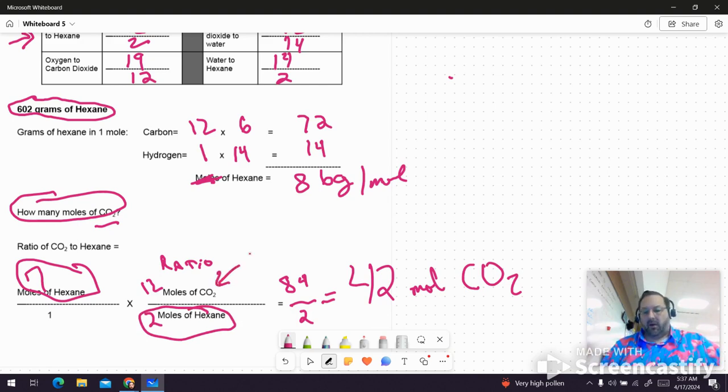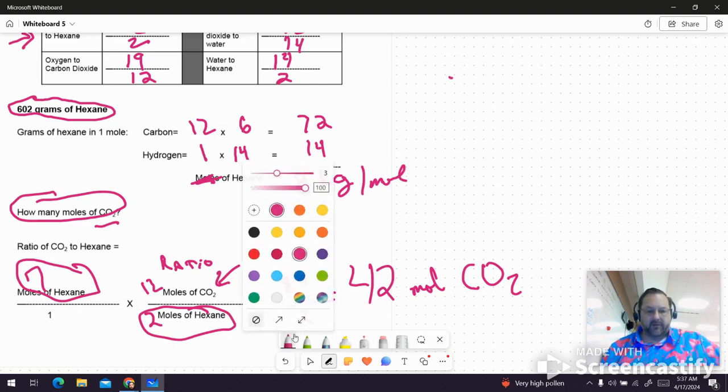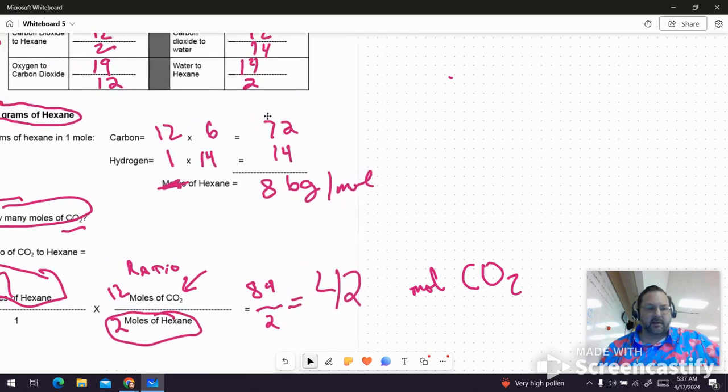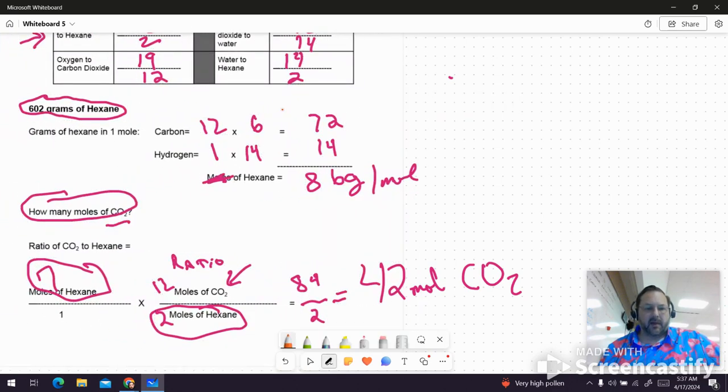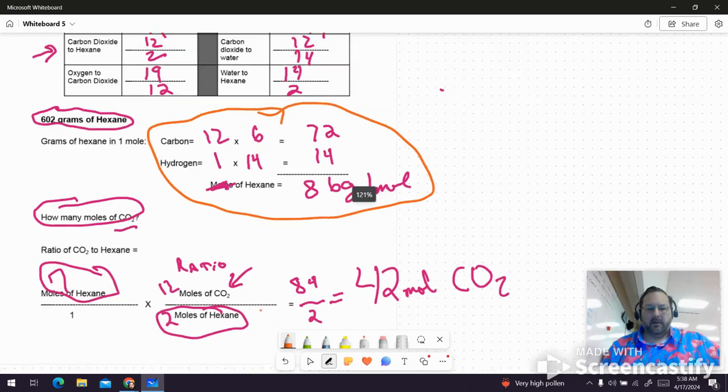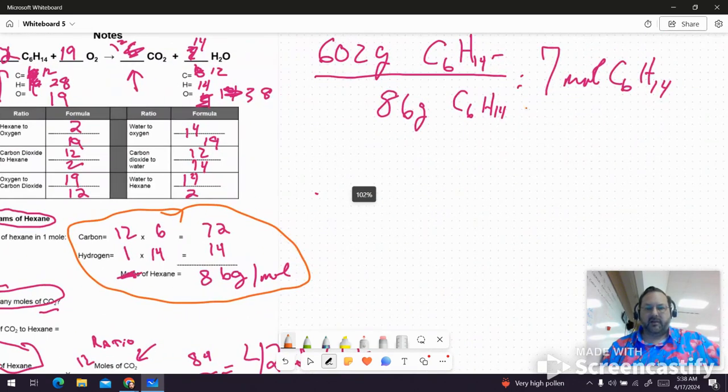So literally the only thing that we've added in this whole process, hopefully with a little better understanding of the mole, is this process right here, where we convert the grams of the substance.